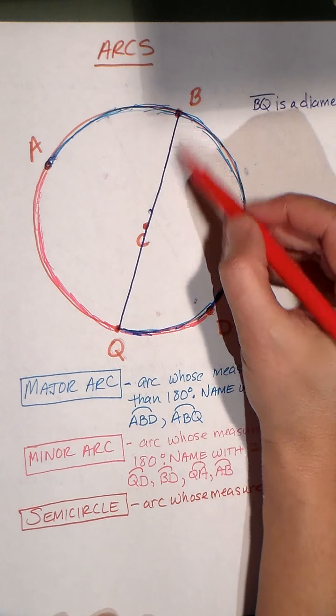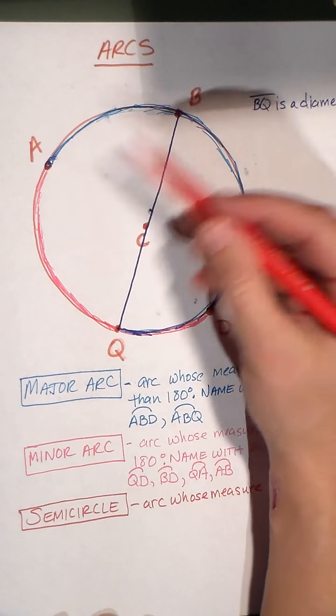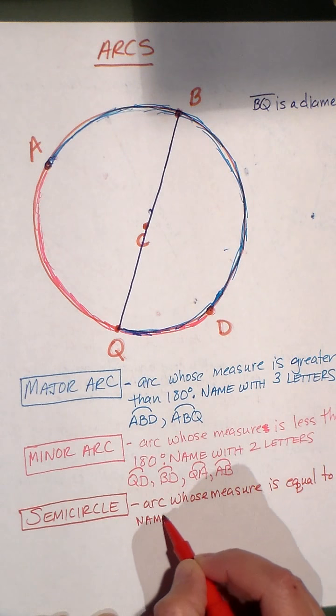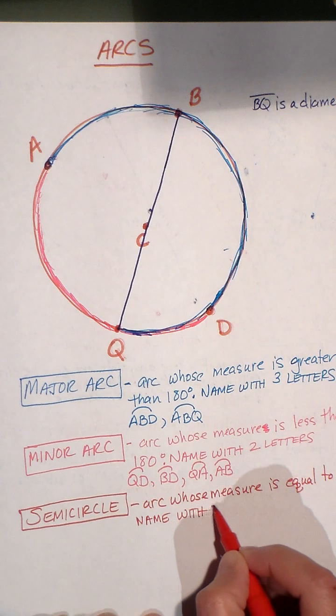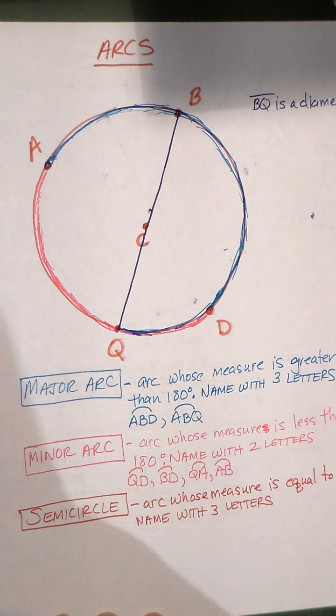I'm told here that BQ is a diameter, so that's a go. That means that I know that these are semicircles. And again, with semicircles, you've got to name them with 3 letters. If you don't, you don't know which one you're talking about.